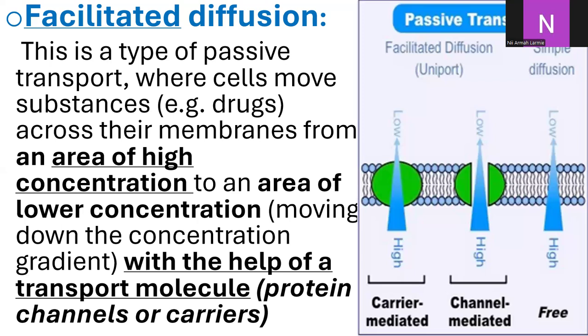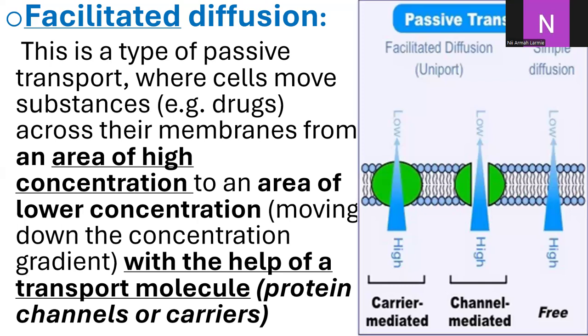So in other words, when we say facilitated diffusion, we are still moving from an area of high concentration to an area of low concentration, but this time with the help of a transport molecule, and the transport molecule becomes the facilitator. If you look at our picture here, you will notice that facilitated and simple diffusion are both passive transport methods.